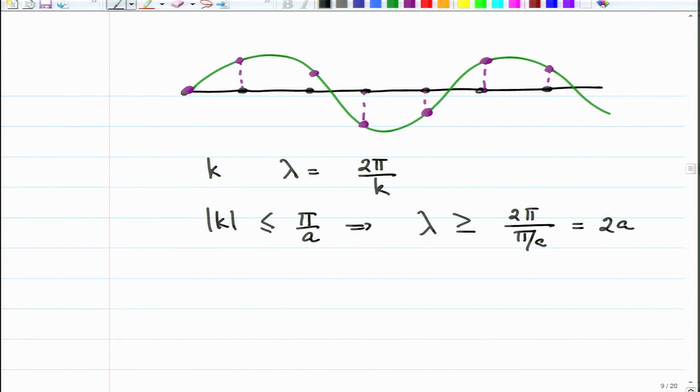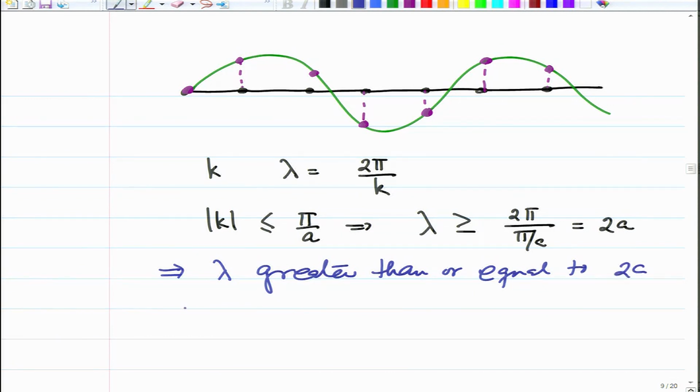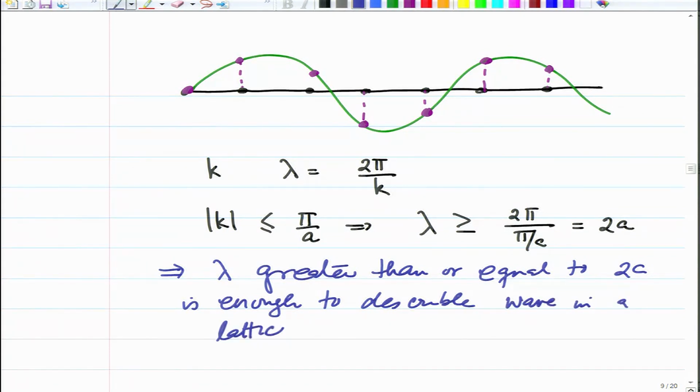So, what we are saying essentially is that k confined between minus pi over a and pi over a is the only relevant quantity, which also implies that lambda greater than or equal to 2a is enough to describe a wave in a lattice.